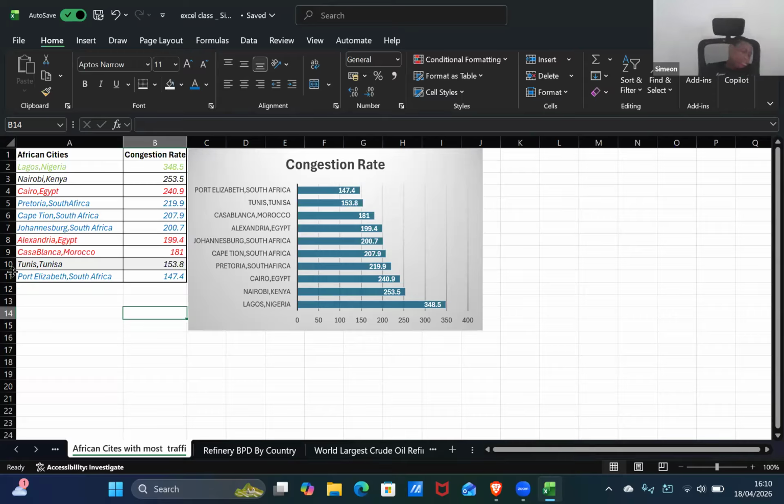No, sir. Hmm. So, people who are planning cities, right? It's not as if we have more people in Lagos than in a place like South Africa.